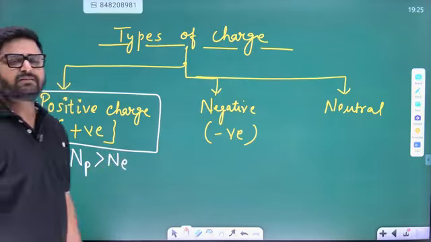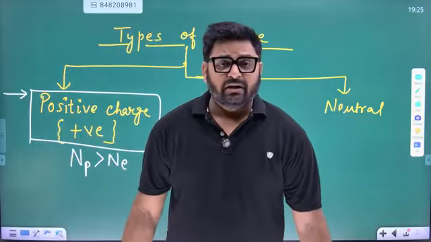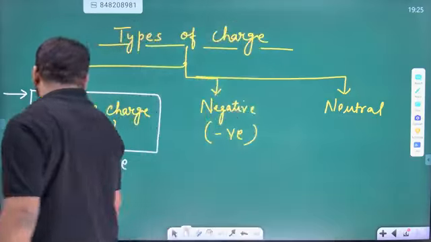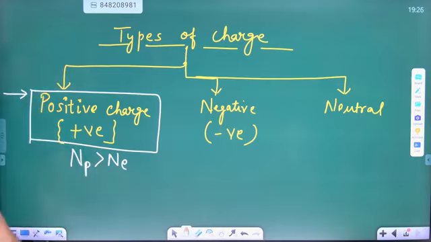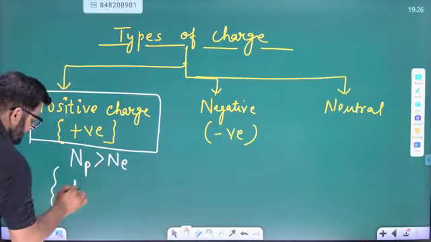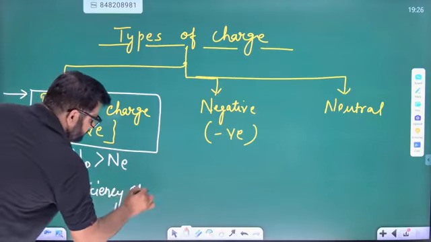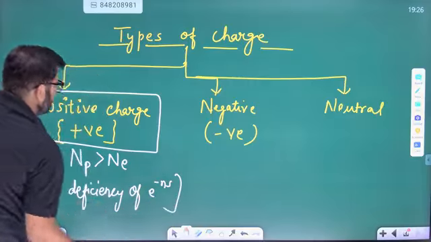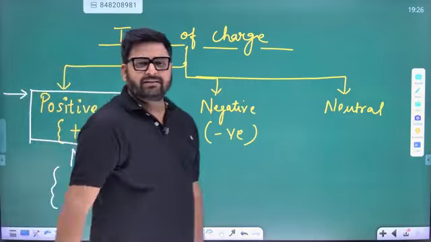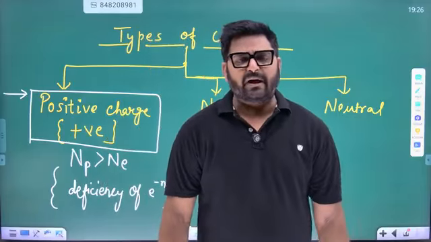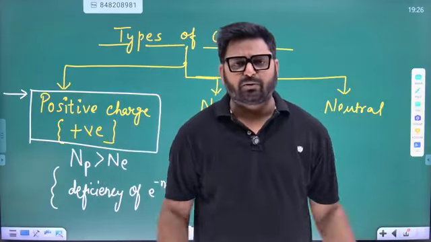But can I say, without giving credit to protons, because protons are not moving, can I say deficiency of electrons is basically positive charge? Yes. Deficiency of electrons. Why give credit to the positive charge? Positive charge is not moving.